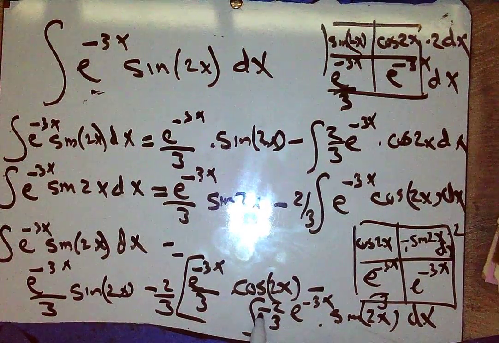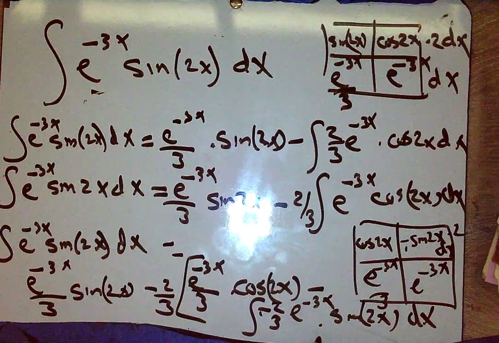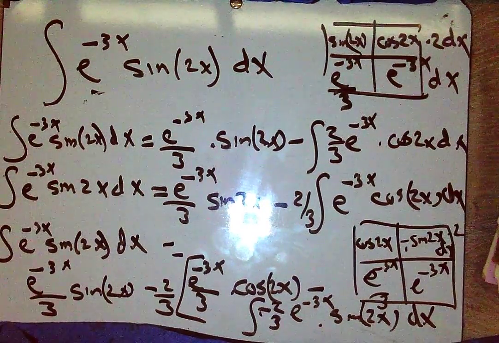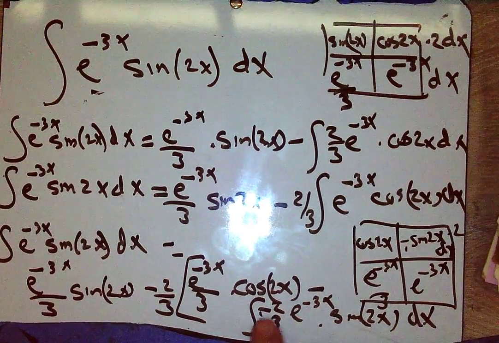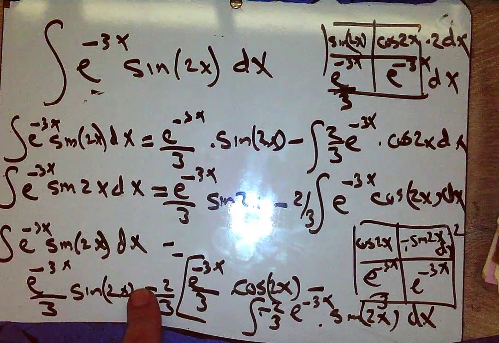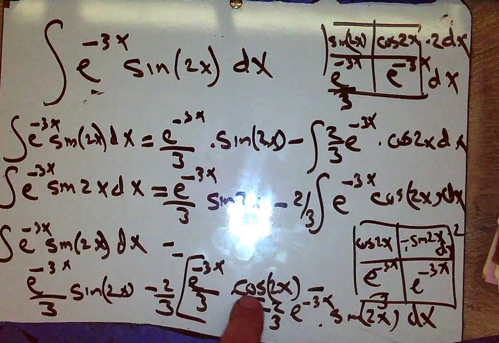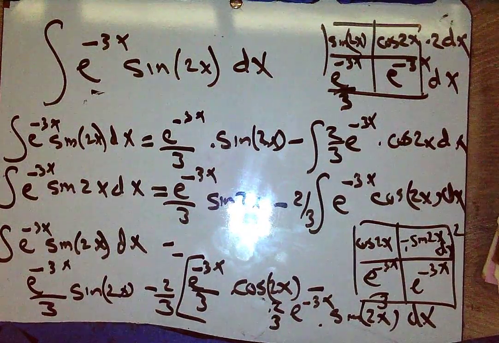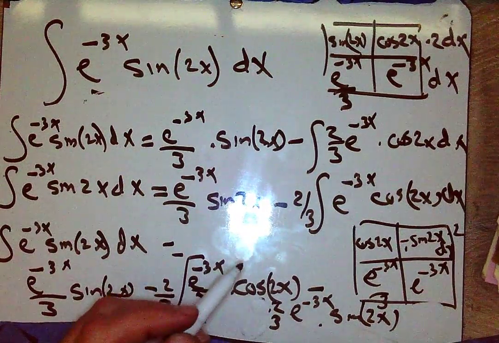Well, that minus times that minus is that minus. So we've got this minus, and this minus, and this minus. Negative times a negative times a negative is going to be a negative. So let's write this like that.